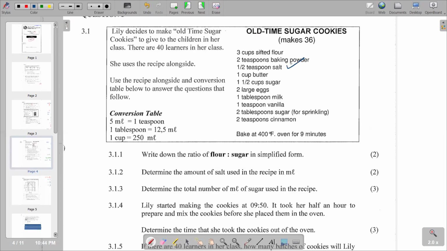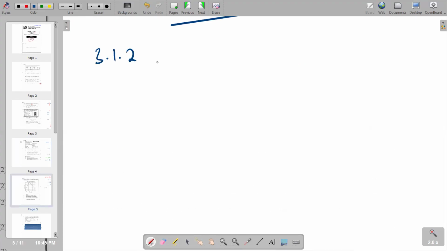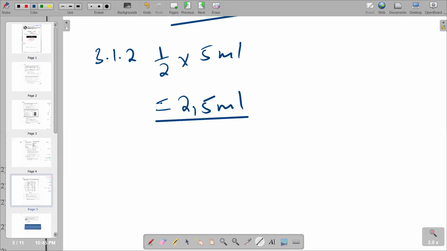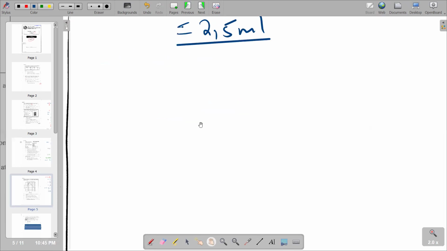We are seeing that we have got 1/2 teaspoon of salt, and 1 teaspoon is 5 milliliters here. So basically, we are saying we have got 1/2, and here we are going to get it as 2.5 milliliters. So this is what we have in 3.1.2.